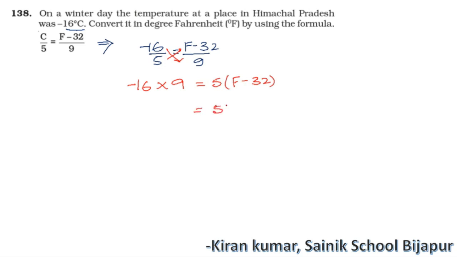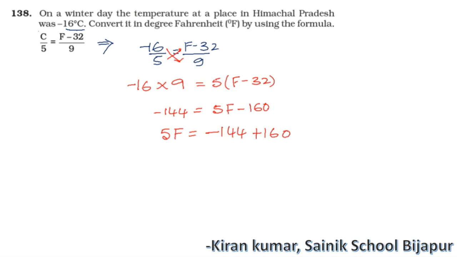This becomes 5 times F minus 5 times 32, which is 160. The product of 9 with minus 16 is minus 144. Therefore, we get 5 times F as minus 144 plus 160 by transposing.